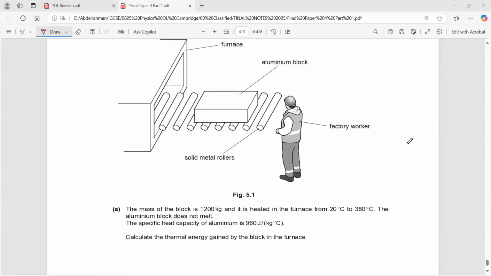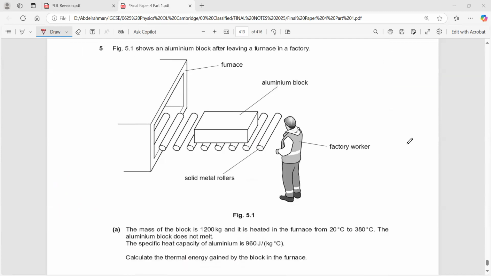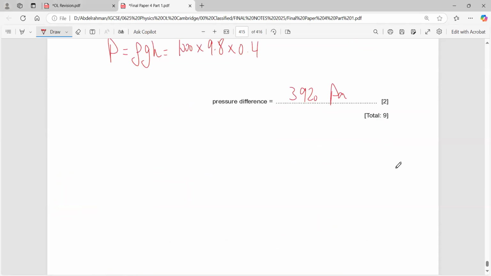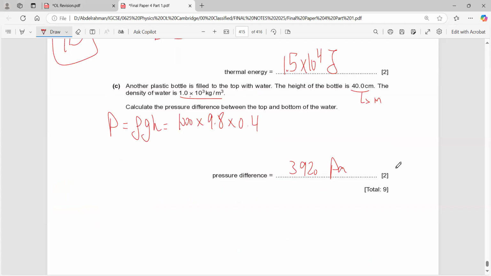We have this aluminum block leaving the furnace. The mass of the block is 1,200 kilograms. It's heated in the furnace from 20 to 380.